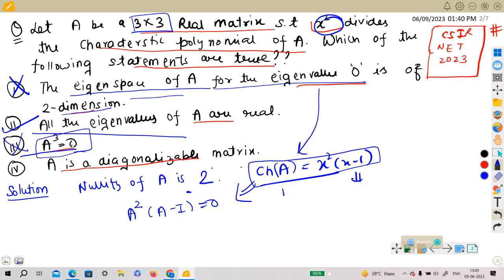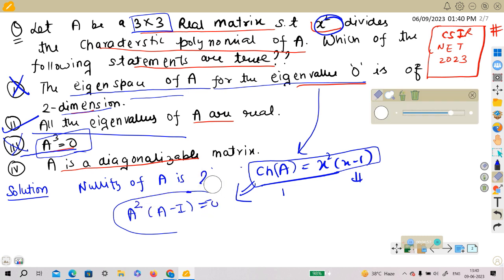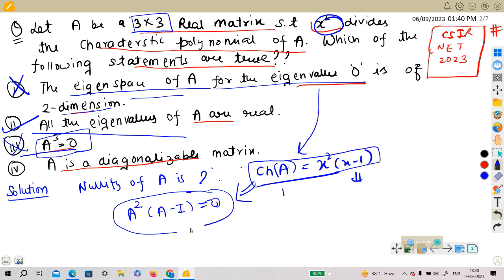We can find a matrix which satisfies this condition, A square into A minus I is equal to 0, and it satisfies all the conditions of the question, and it is not like this. This is not true.